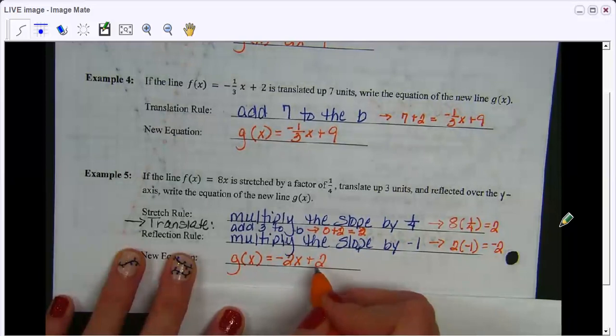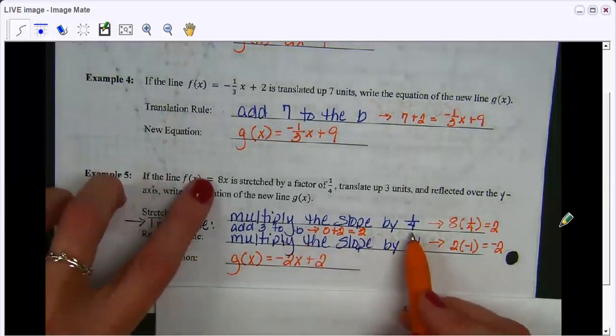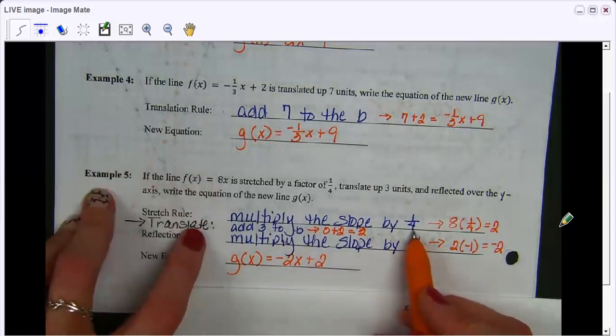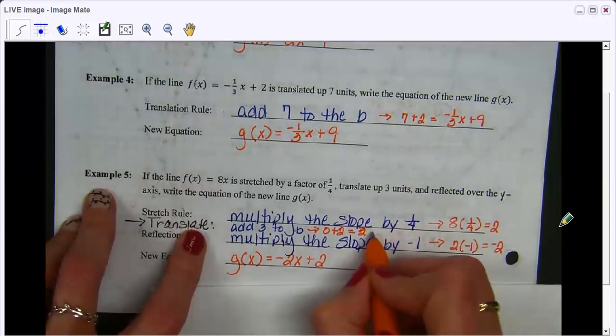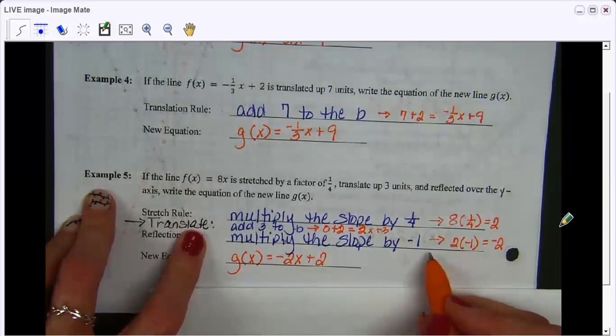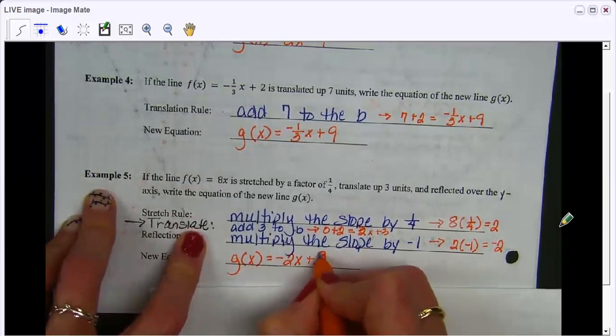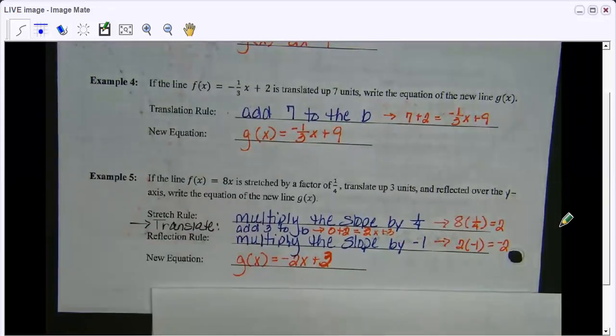So then, I multiplied it by 1/4 and I got 2. Then I added 3 and I got 2x plus 3. Then I multiplied the slope by -1 and I got -2x plus 3. Okay, so that should be a 3. All right.